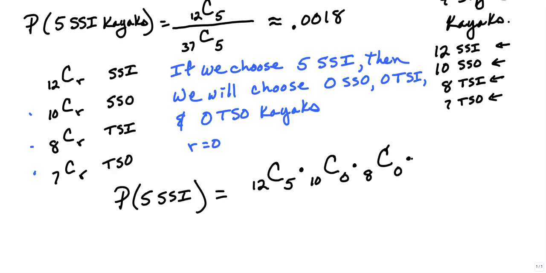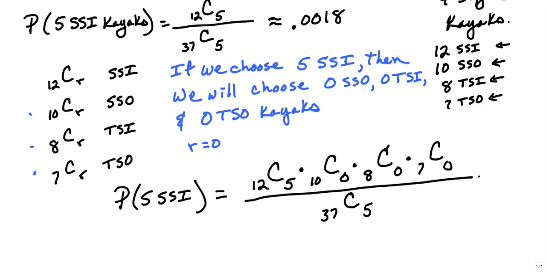And I will multiply that by the fact that I have 7 tandem sit-on kayaks, but I'm not choosing any of them. And then I will divide that by the total, which is the fact that I have 37 kayaks and I'm choosing 5 of them. If I punch all this into the calculator, I'll still end up with the same answer of 0.0018.